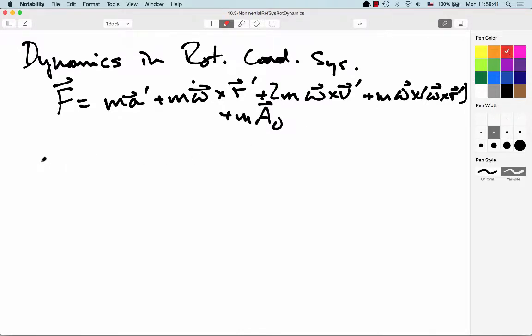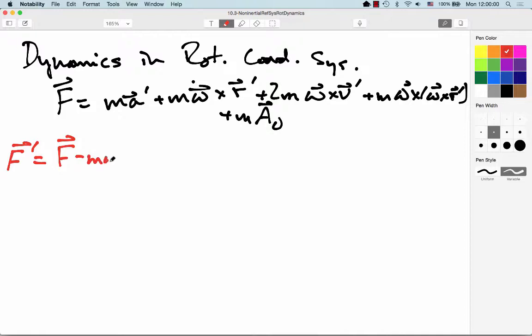Okay, we can rearrange that to get what the rotating observer, or the non-inertial observer, would say. The non-inertial observer would say the net force that he or she measures, F prime, is equal to our F from before, and then we just subtract all this stuff on the right-hand side.